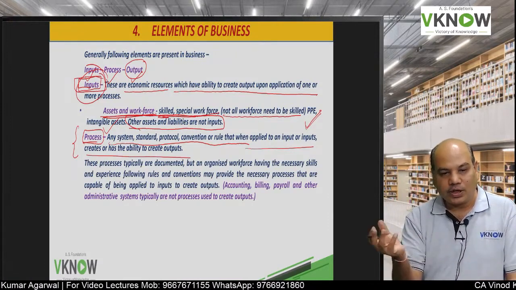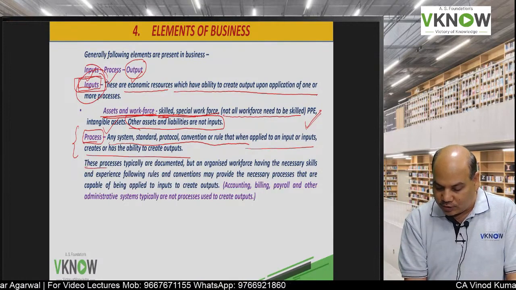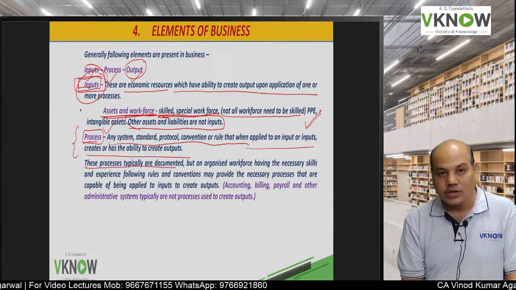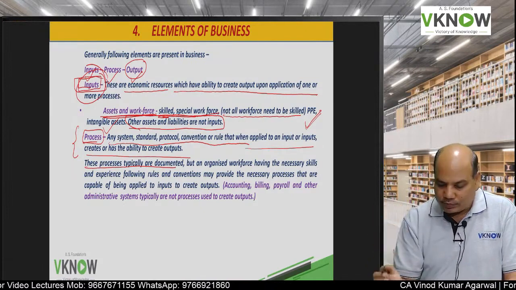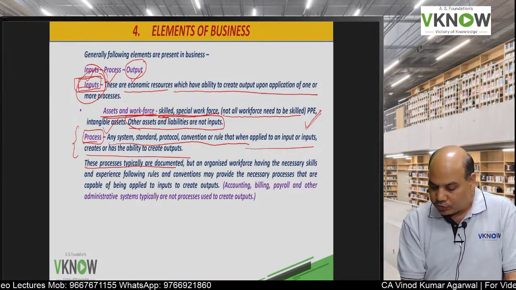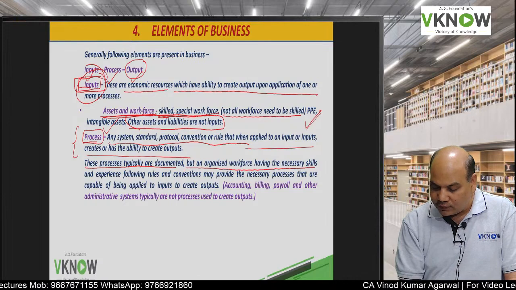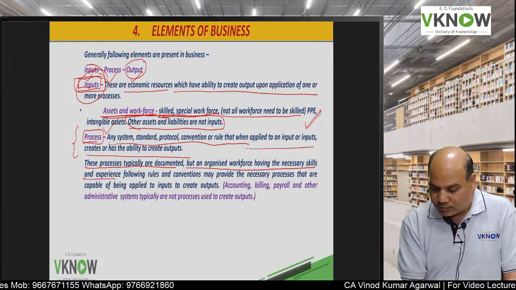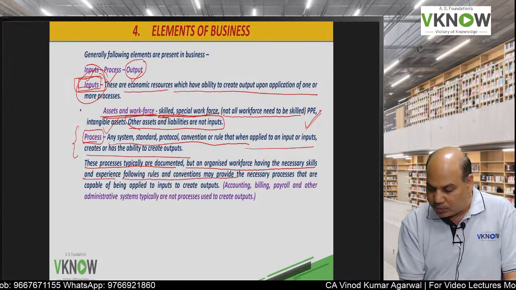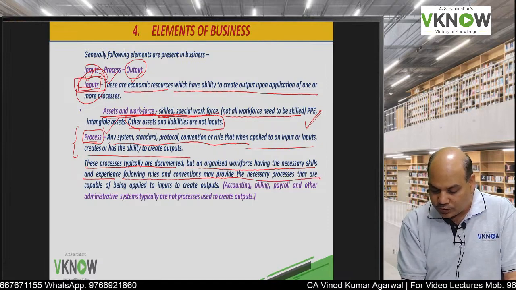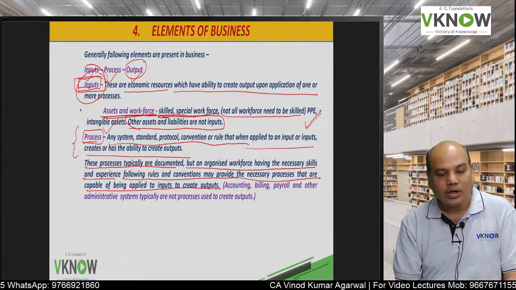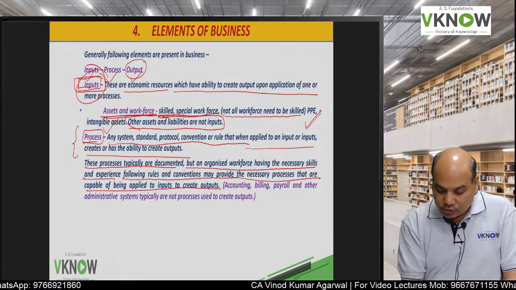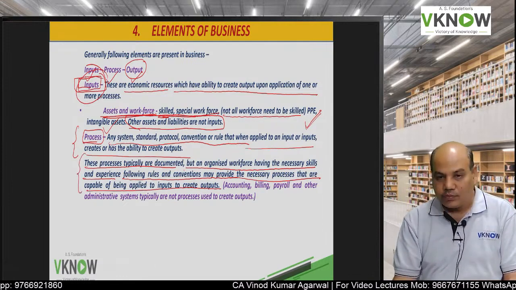They depend on the type of business, and the process can vary accordingly. The processes typically are documented, that is, the organization will make a list of the steps that are followed. But an organized workforce having the necessary skill and experience, following rules and convention, may provide the necessary processes that are capable of being applied to input to create output. So it is not always necessarily documented.